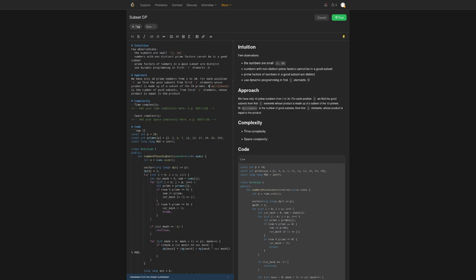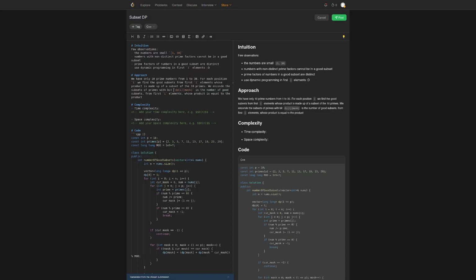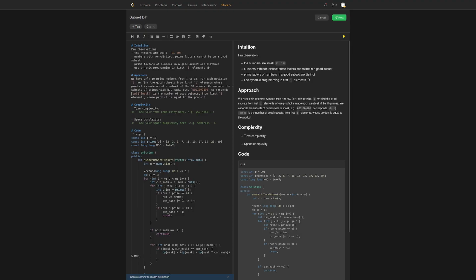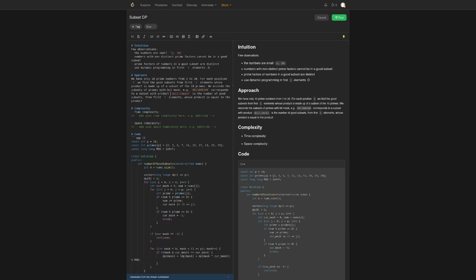Okay, we encode the subsets of primes with a bit mask, e.g. 0011000100 corresponds to a subset with product 2, 3, 5 times 7 times 17 times 19 equals to, I have no clue what, and that actually cannot work. So 5 times 7 also cannot work.